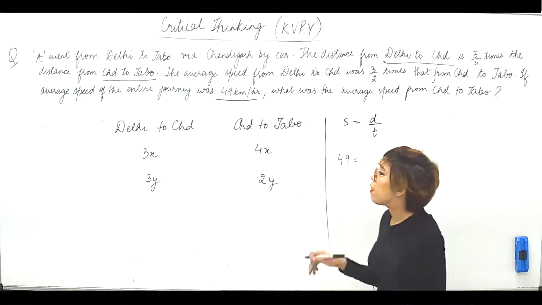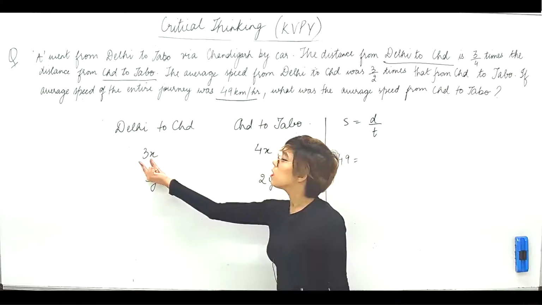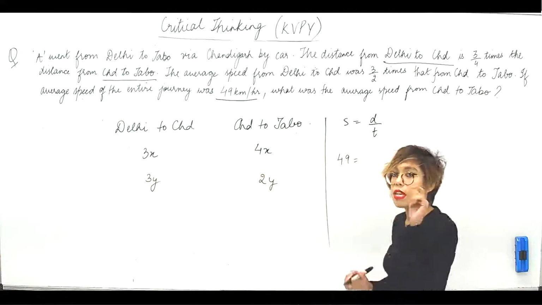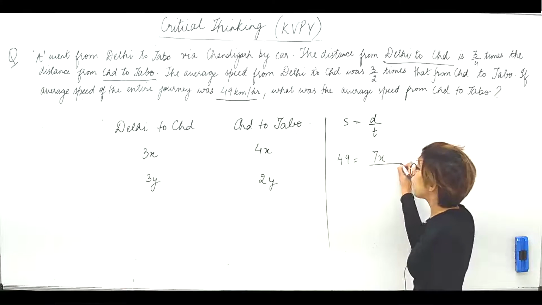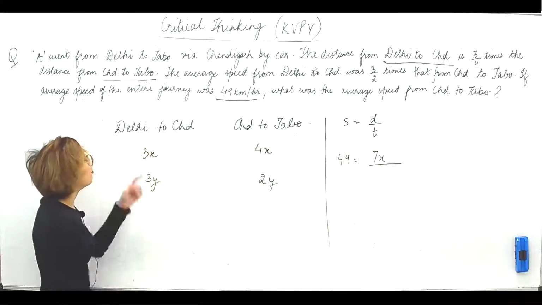So the total distance traveled: first Delhi to Chandigarh 3x, then Chandigarh to Tabo 4x, so total distance 3x plus 4x, which is 7x, divided by the time taken. First, the time taken to travel from Delhi to Chandigarh.